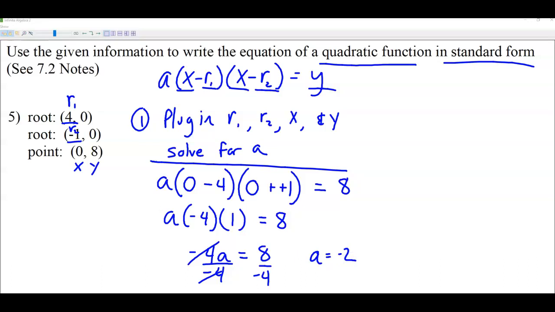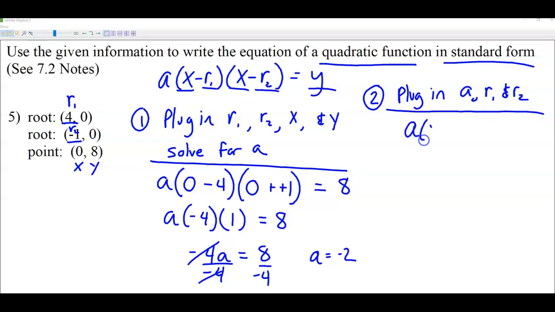All right, so step 2, we're going to plug in a, r1, and r2, but we're not plugging in the x and y this time. But we will be using the same formula.